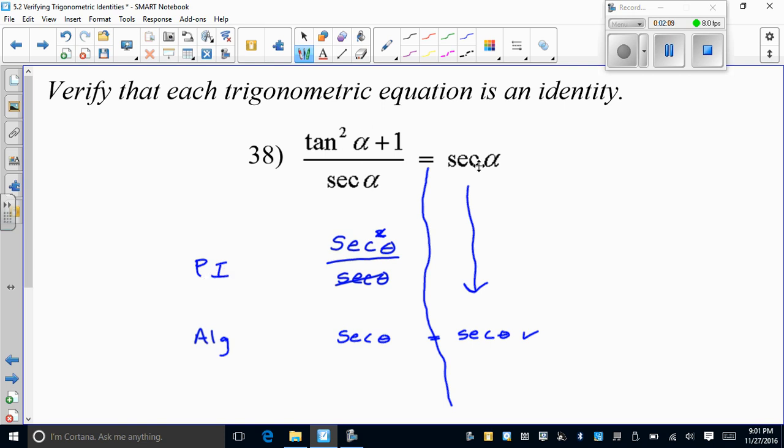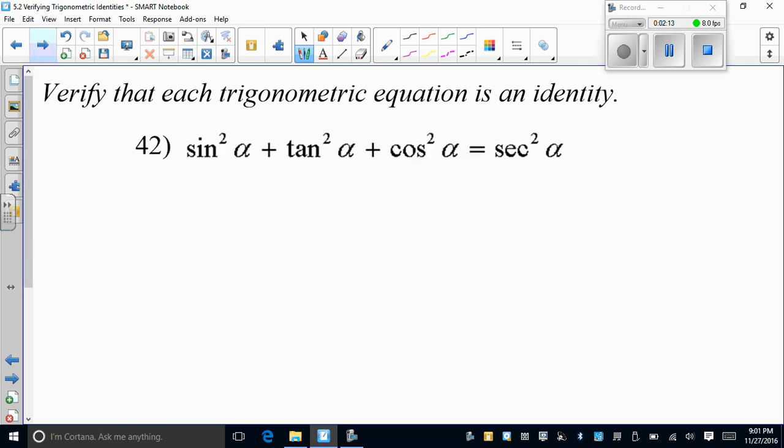Okay, let's try another one. Some of these are going to be really fast, really quick, really easy, where others we may find ourselves taking some time on them. Okay, I'll do the straight line this time. So on this one here, I want to point out that sine squared plus cosine squared equals 1.